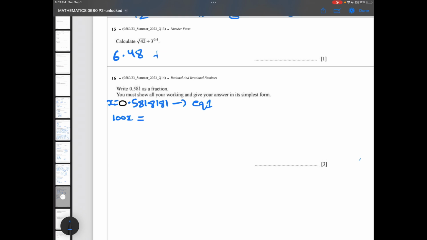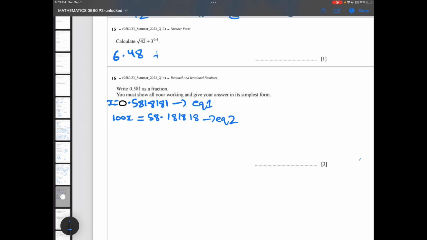100x is equal to 58.181818. Okay, this is our equation 2. So now I will subtract these two equations, okay?